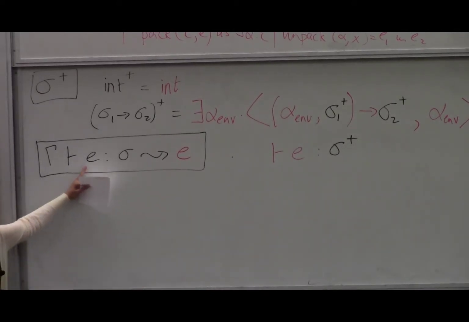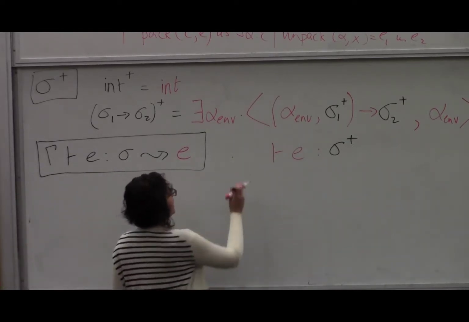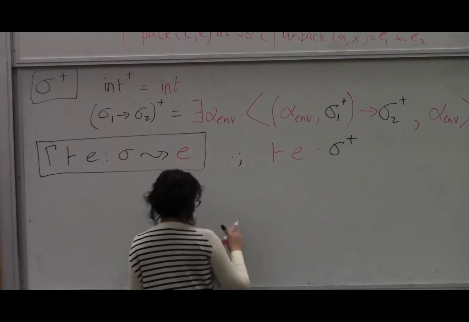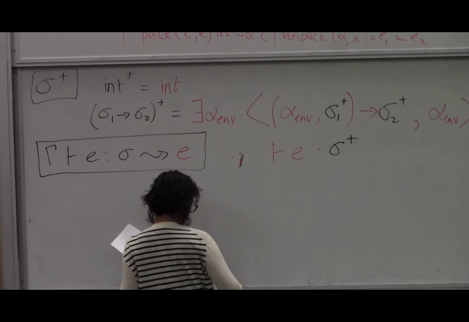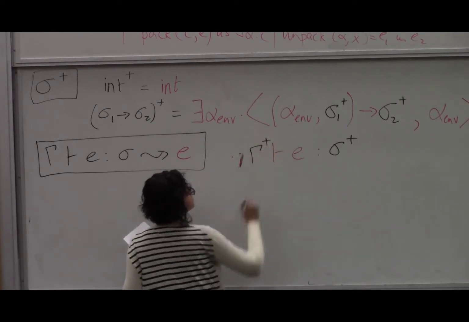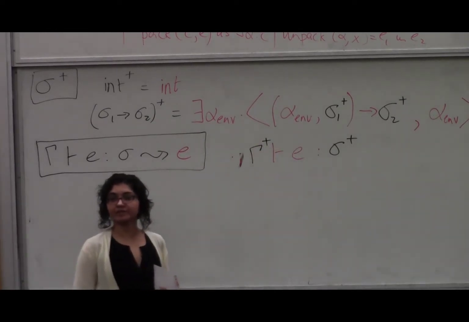Because closure converted code didn't have free type variables before. It's not going to have free type variables now. That should be red. And gamma plus. Right? And we defined gamma plus yesterday.